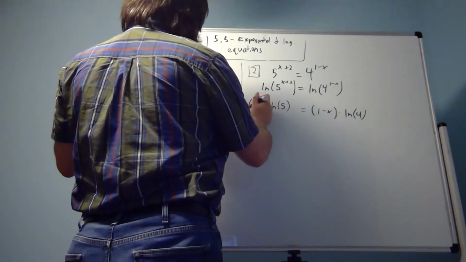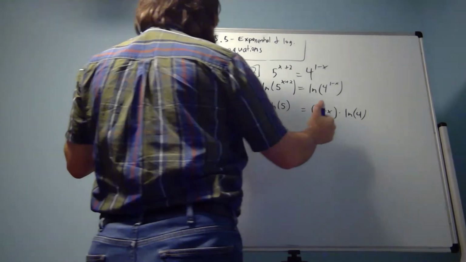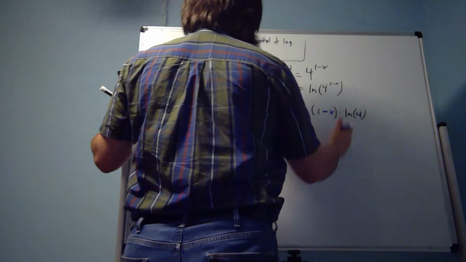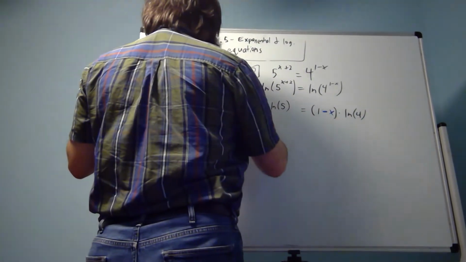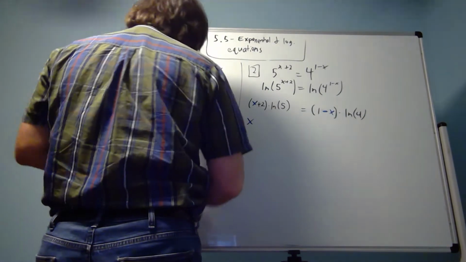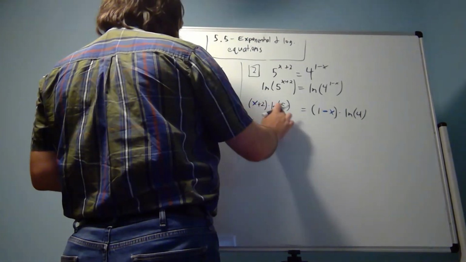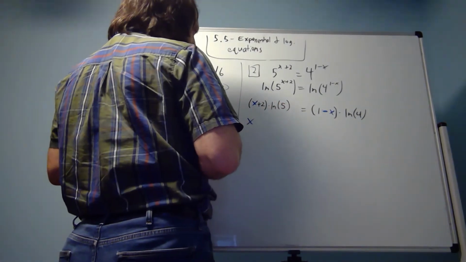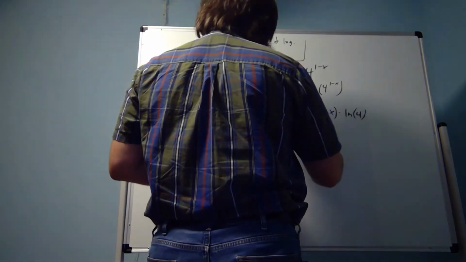So we have x plus constant times constant, because ln of 5, well, it's some number, it's 1 point something, and then 1 minus x times ln of 4.